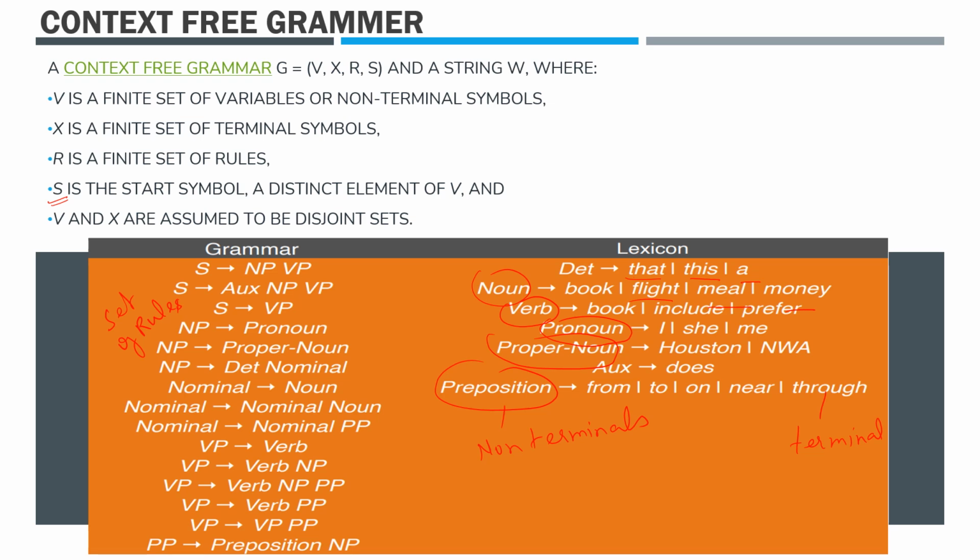Both rules are possible. Why am I saying this is the lexicon? Lexicon gives me all the terminals. Terminals are the words present in my dictionary. That is my lexicon. So this is the definition of my context-free grammar.